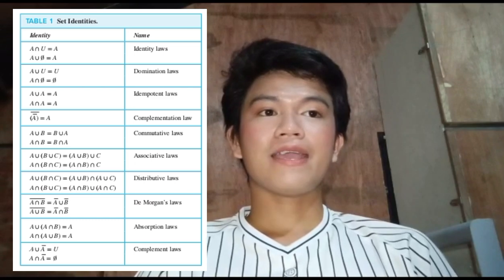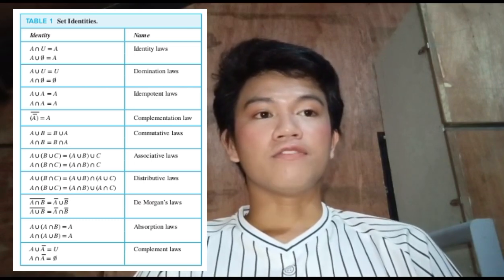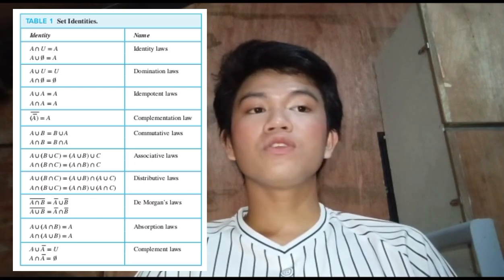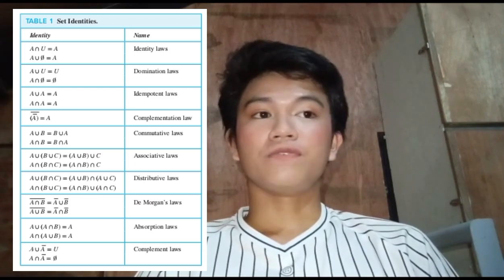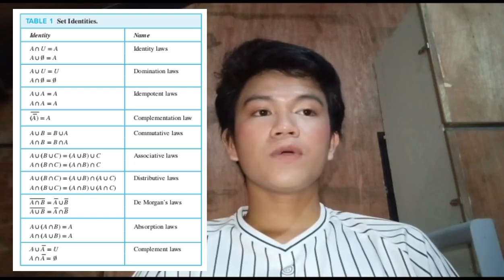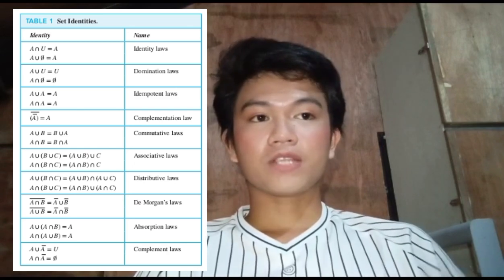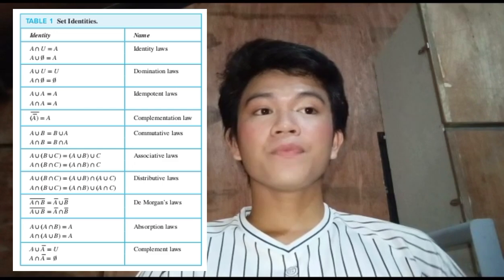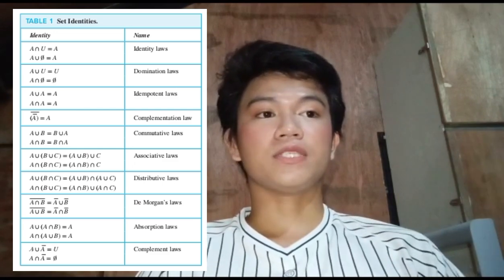Here we can see that A union (B union C) equals (A union B) union C. The next one is A intersect (B intersect C) equals (A intersect B) intersect C.